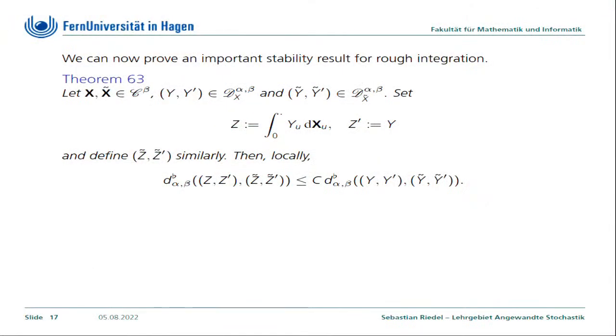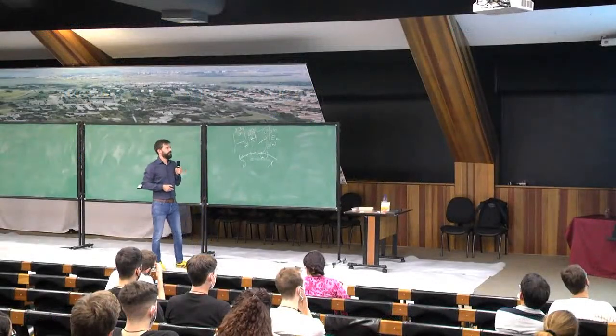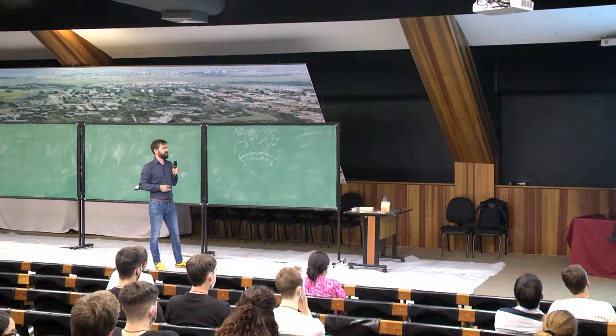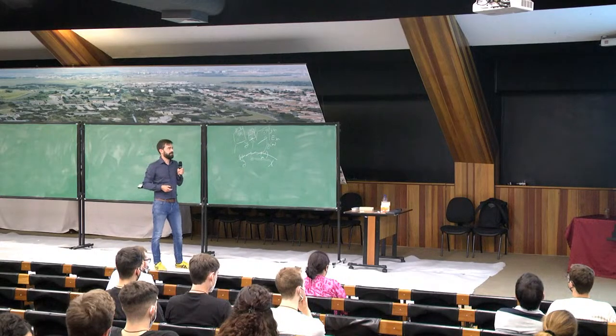And it turns out that this map is actually locally Lipschitz. So you can bound that by a constant times the difference between the controlled paths here locally. So here I wrote locally, which means that this constant here will depend on a neighborhood that contains these controlled paths.